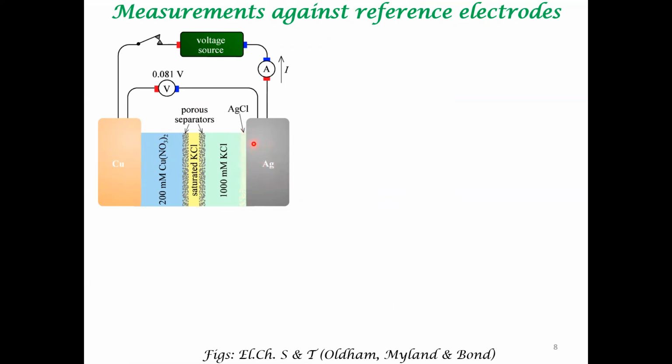Because the silver chloride electrode is calibrated against the standard hydrogen electrode, even though I'm using this experimental setup, I can relate this experiment to this chemical reaction. In this chemical reaction, this, and this are connected to the quantities that are relevant to the standard hydrogen electrode.